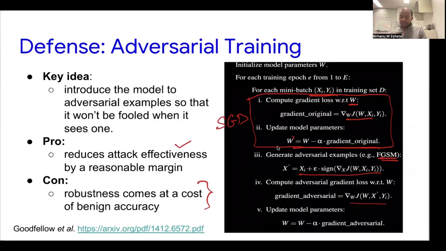You take the W that you have up to that point, and you update it down here with the gradient adversarial, right? So comparing this with the original, what you're doing here is exactly SGD, but the SGD that is happening here is SGD with adversarial examples.